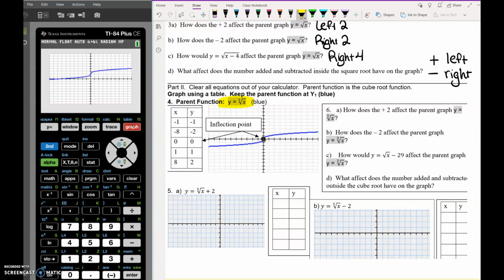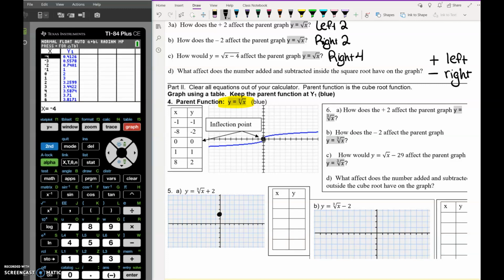And notice that inflection point is now at (0, 2), because we moved the graph up 2. And if I want to grab some points here, I've got (-1, 1), (0, 2), (1, 3). Those are really the important points. And this graph looks like this.